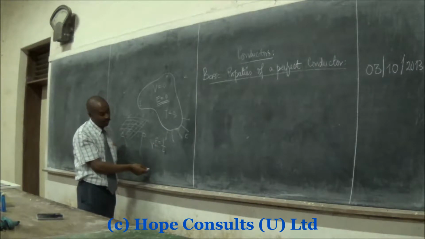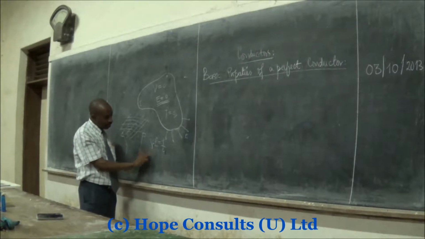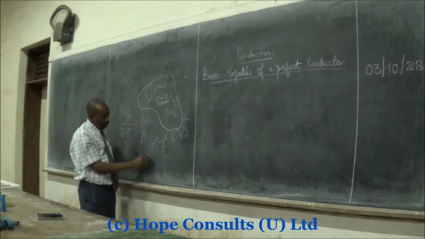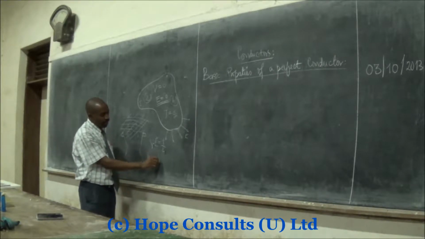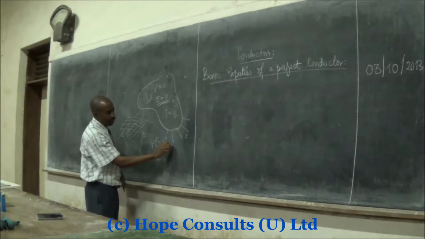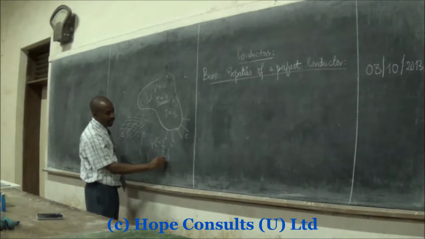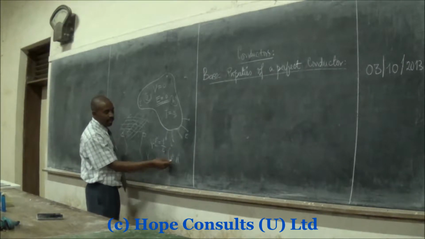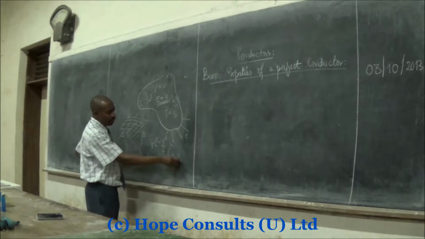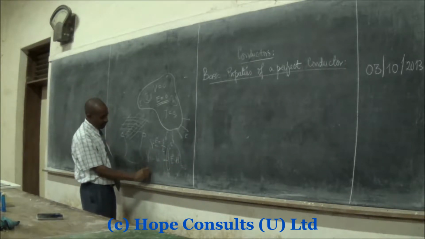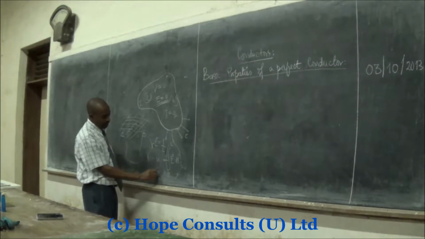And we also know that for any given two points A and B within our conductor, VB minus VA would be given by the integral from A to B of minus E dot dl. And if E is equal to 0, this whole thing is equal to 0. And then we would have VB equal to VA.